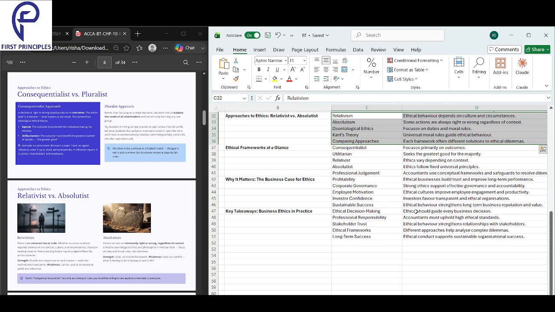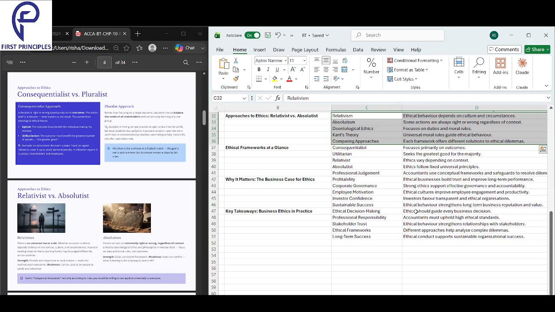Each framework offers different solutions to ethical dilemmas, so each framework is different in its own way. Kant's theory says universal moral rules guide ethical behavior. Deontological ethics says focus on duties and moral values.